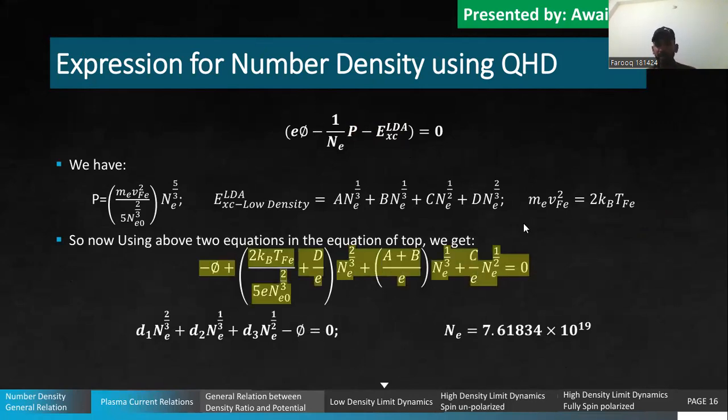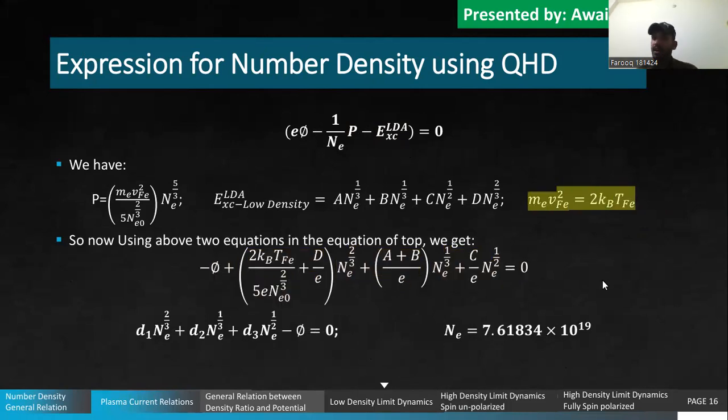Okay, and we know that m vFe square is equal to 2 kBT. That is, m vFe square over 2 is equal to half m vFe square, which is equal to kBT. The thermal energy that is being generated and the kinetic energy of the electron will be equal, because the thermal energy is providing the kinetic energy to the electron. So when we are applying the temperature, electrons are moving faster and faster.